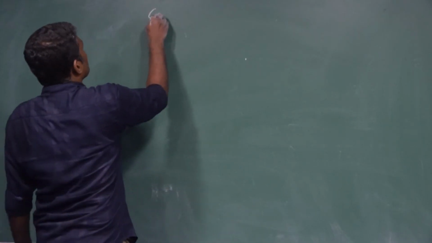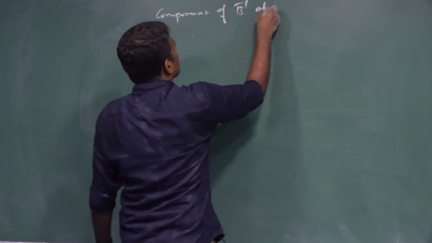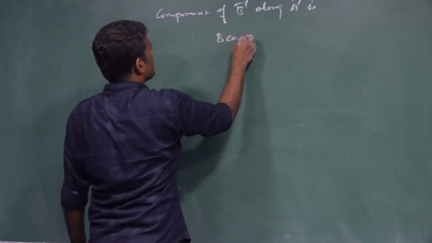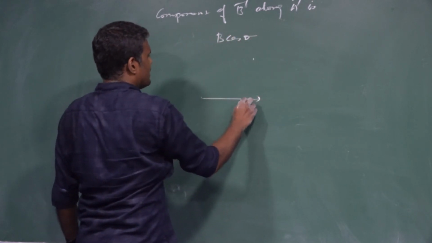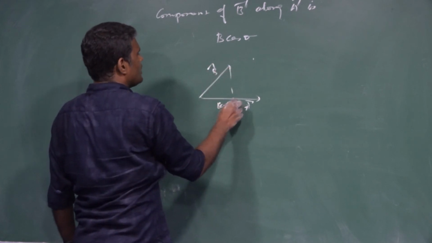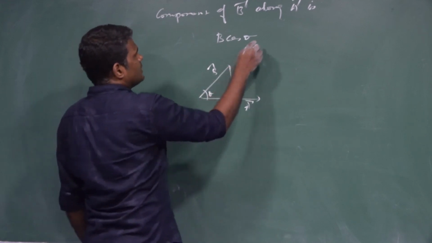Then the component of b vector along a vector is b cos theta. As I showed you earlier, this is the a vector, this is the b vector, and this is the component of b vector along a vector, which is b cos theta.